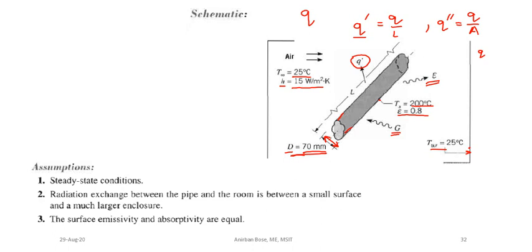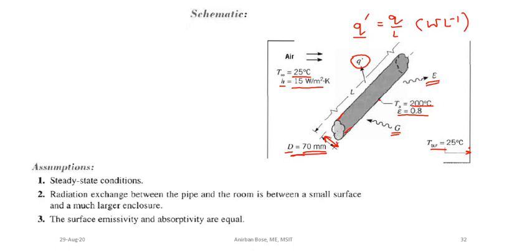Similarly, q triple prime is the rate of heat transfer per unit volume. These are the standard notations which are used. So your final answer is very clear, it will be in watt per unit length.